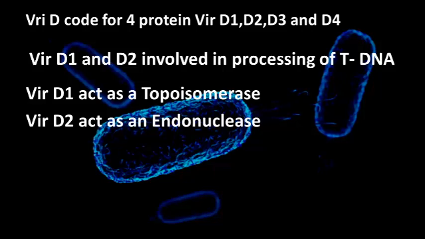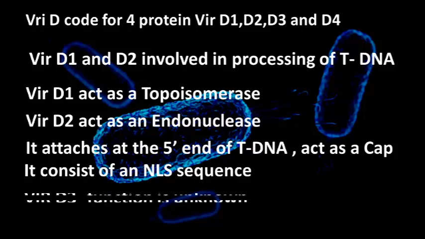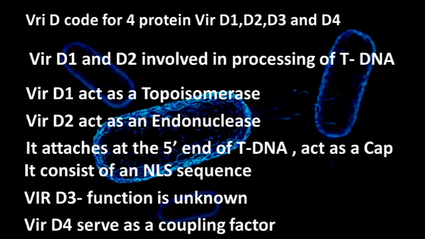D2 also has a nuclear localization signal sequence and remains attached to the 5' end of the T-DNA as a cap. Activity of VirD3 is very little known, whereas D4 serves as a coupling factor that recognizes and transfers the T strand to the transport channel.